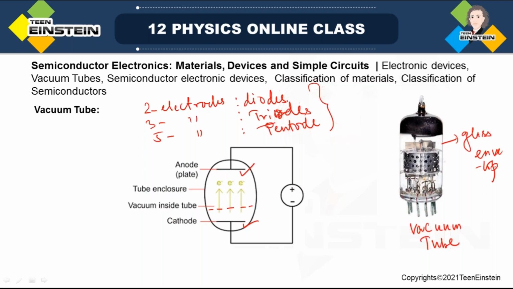If you have only a cathode and anode plate inside the vacuum, then it is called a diode. If along with anode and cathode there is a grid, then it is called a triode, because there are 3 electrodes.